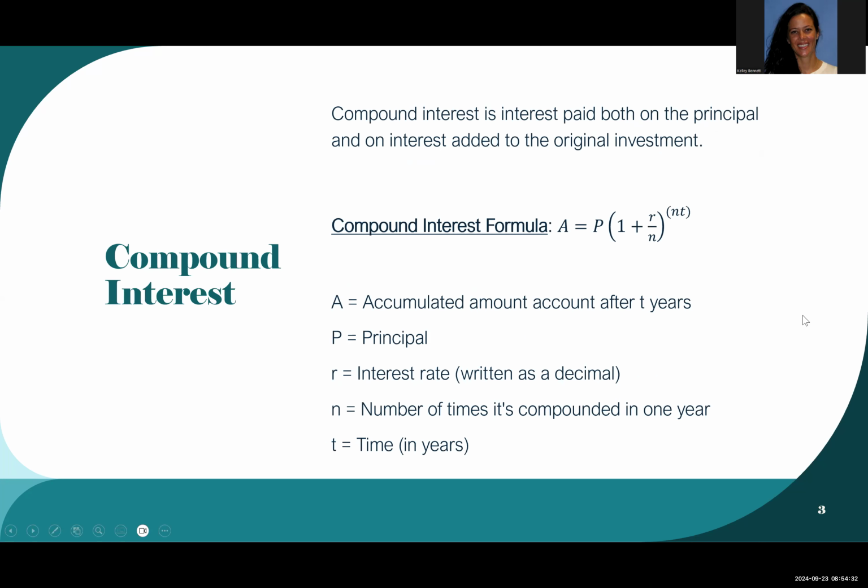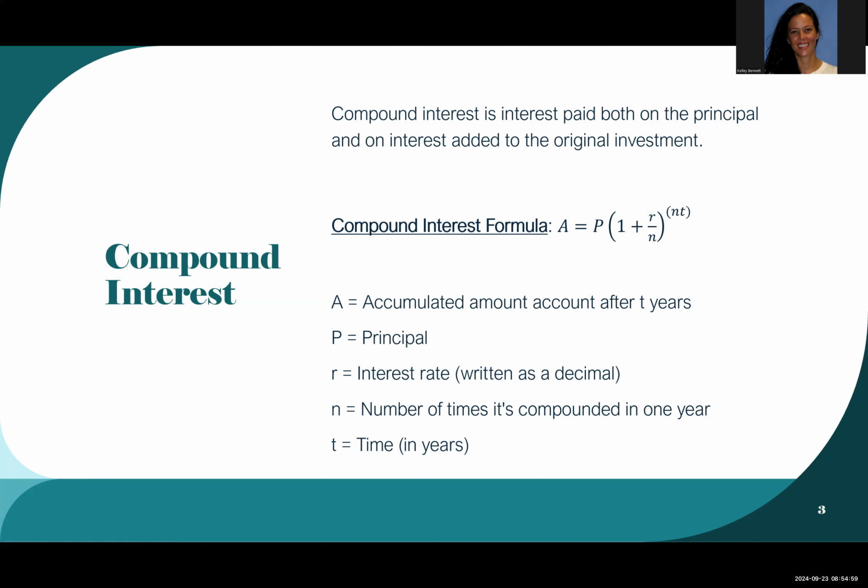Compound interest is interest paid on both the principal and the interest added to the original investment. So if you have ever had a credit card that got away from you a little bit, you would see that maybe you bought a TV for $1,000 and now you owe interest on that. Well, now you can't pay it off. And guess what?